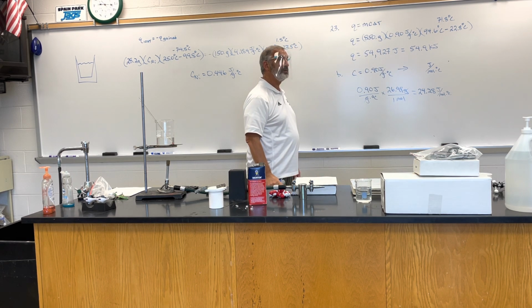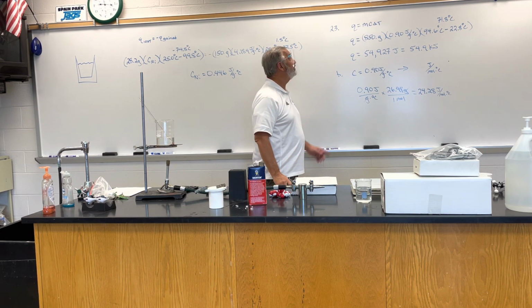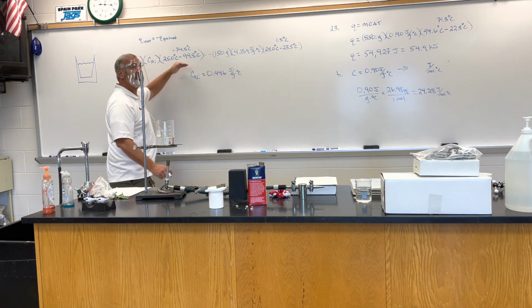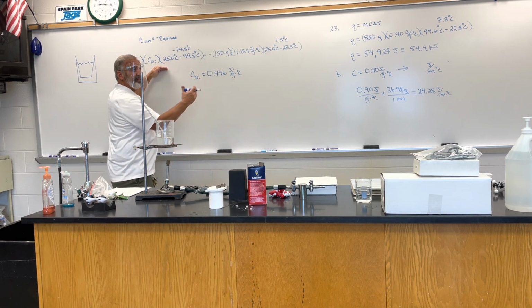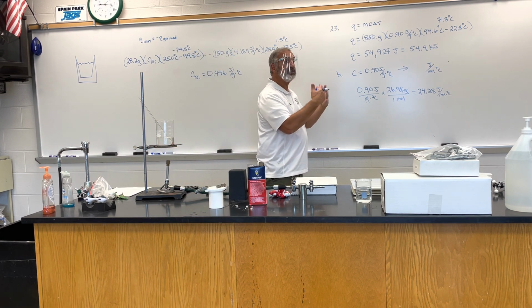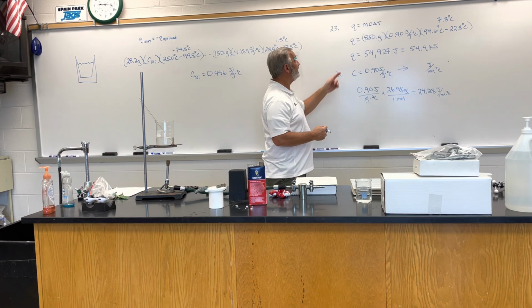I know that the original equation is like Q loss equals negative Q gain, but that's only when you're putting something hot into something cold. One thing's losing, one thing's gaining. And this one is strictly saying how much energy needs to be added, so everything's positive, because we're adding the heat.